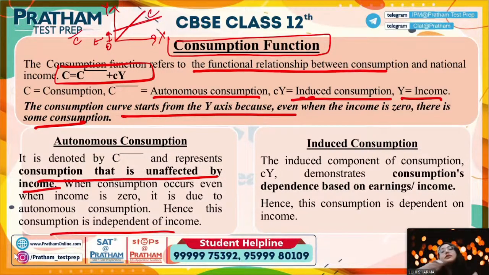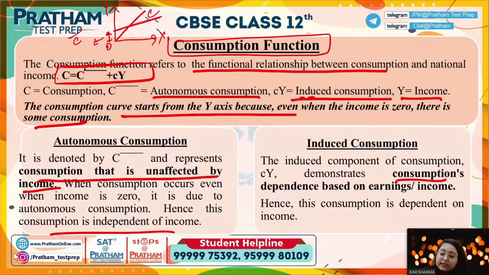However, we have induced consumption too. Now, what is induced consumption? Induced consumption is something which is dependent on the income, which is dependent upon the earnings. So if your income is high, obviously we tend to have a higher consumption level, right? So that is known as induced consumption, okay? So what is induced consumption?